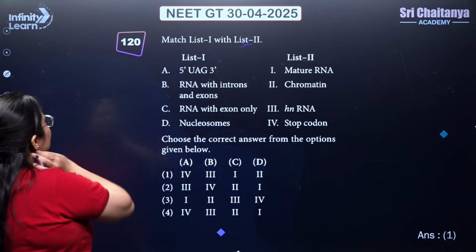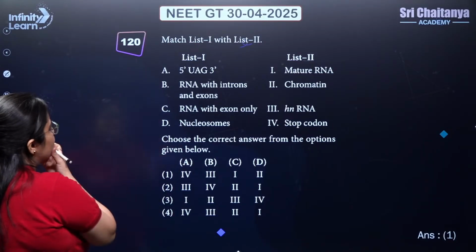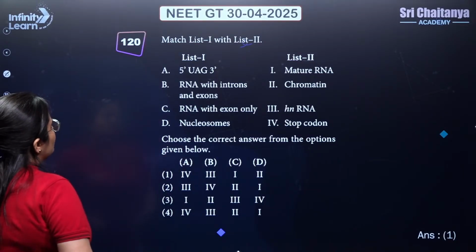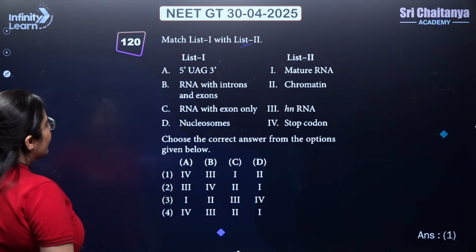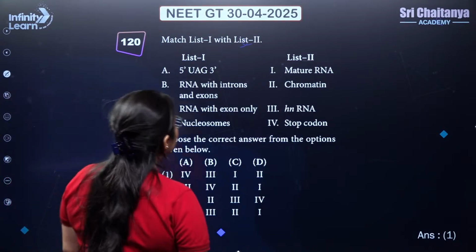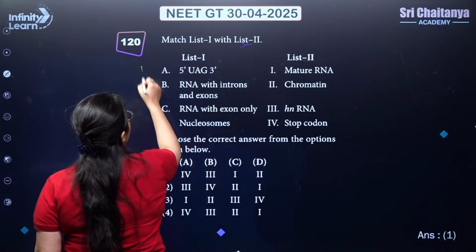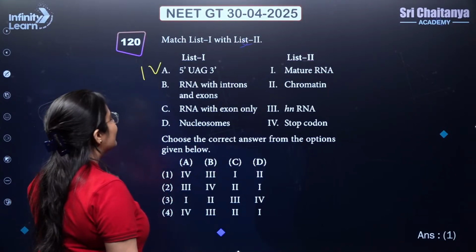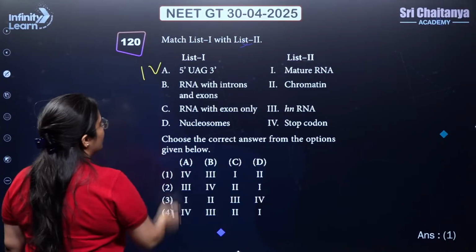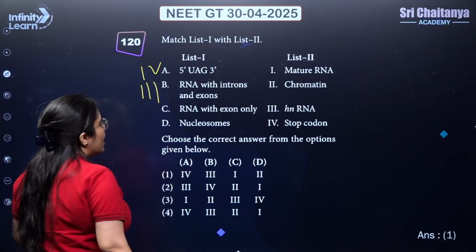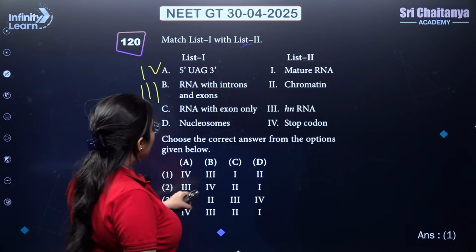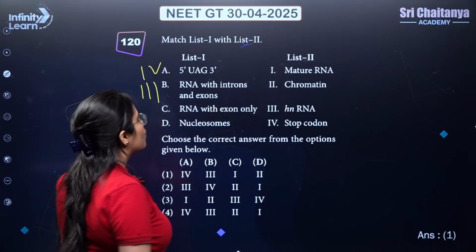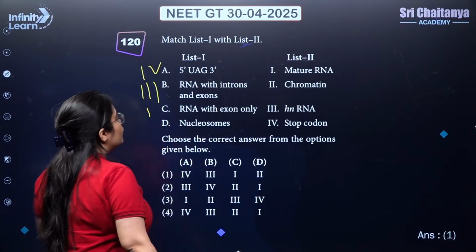Match list 1 with list 2. So A, UAG is the stop codon. RNA with introns and exons is the hnRNA, 3. RNA with exons only is your mature RNA, 1.